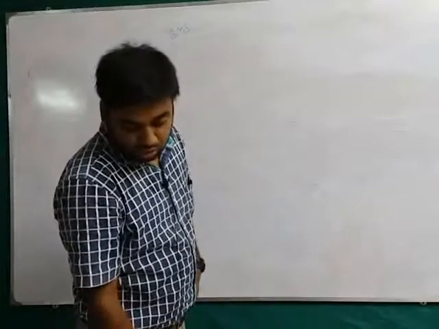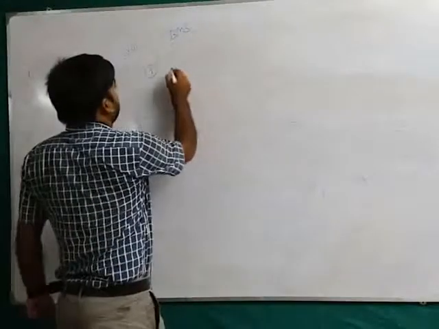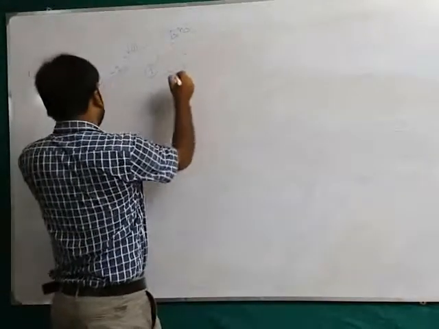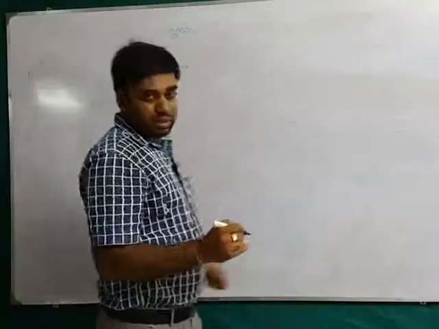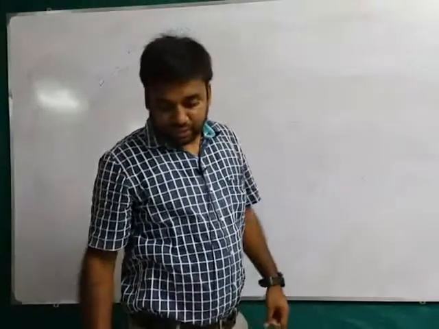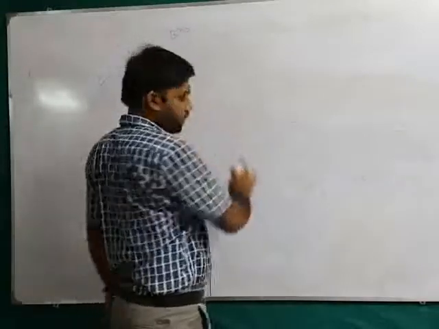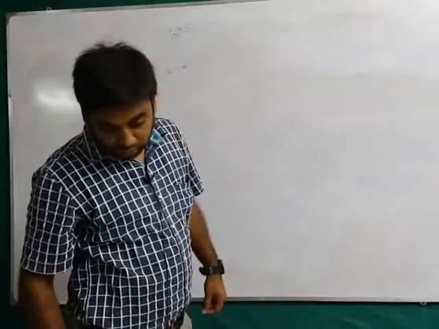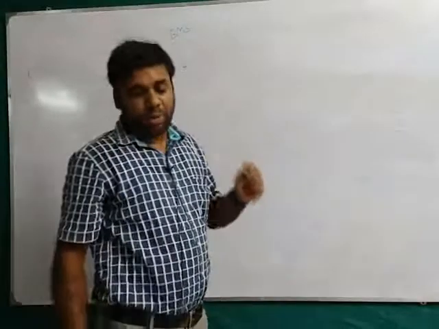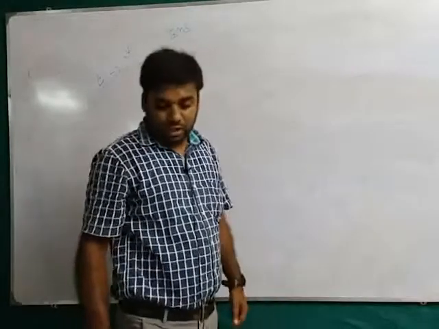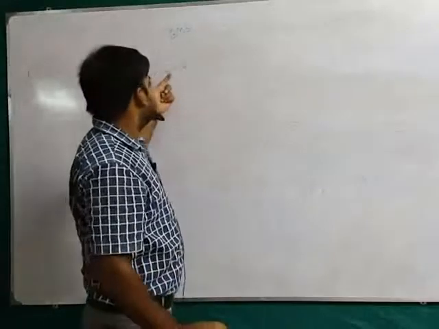So part 1, 216. We have to say whether the number 216 is a perfect square or not. It is not a perfect square, but it may be a perfect cube.